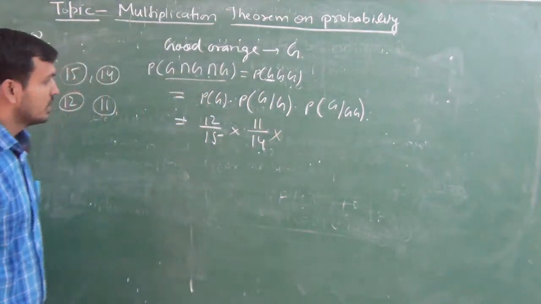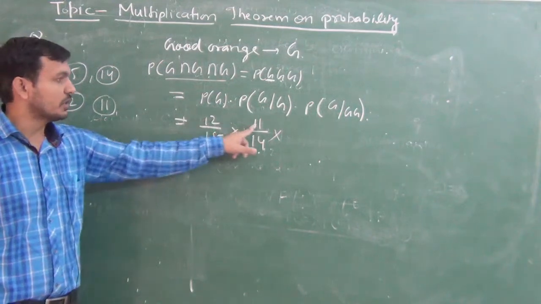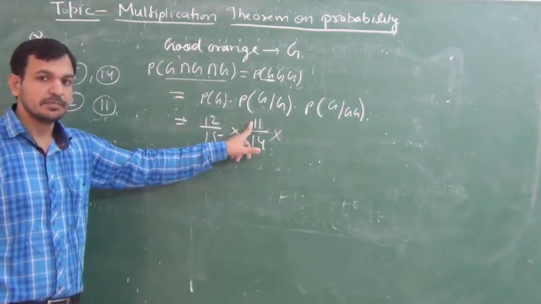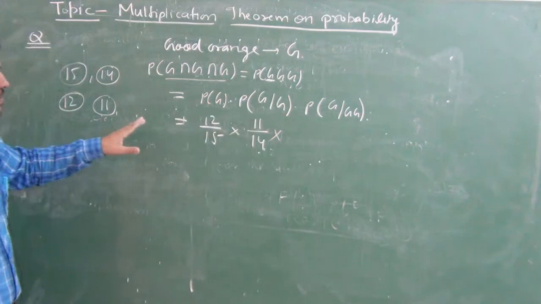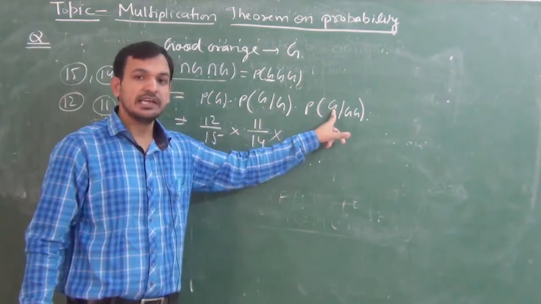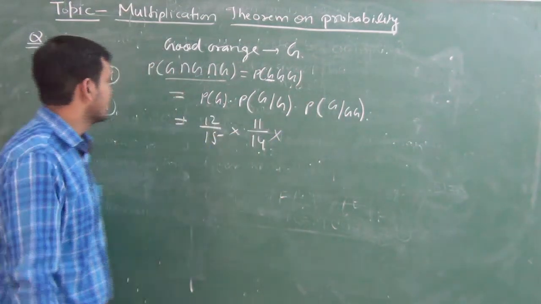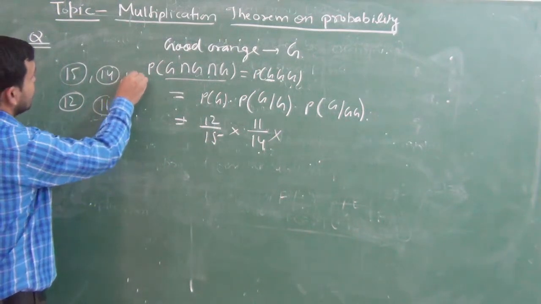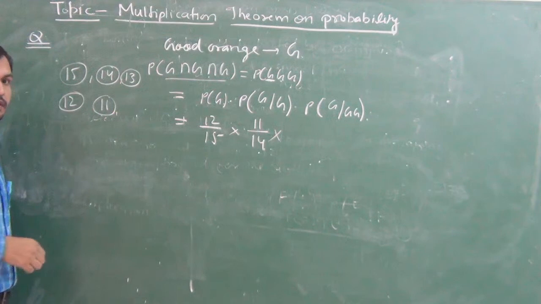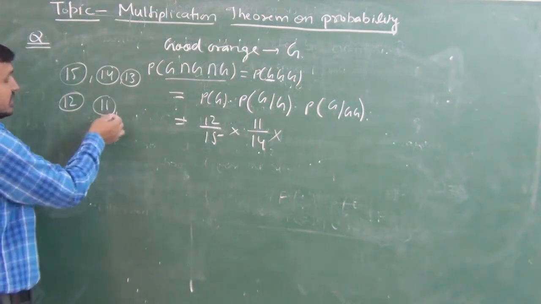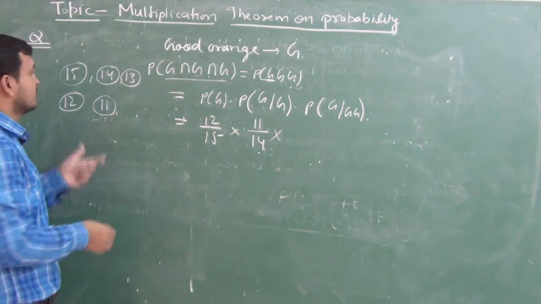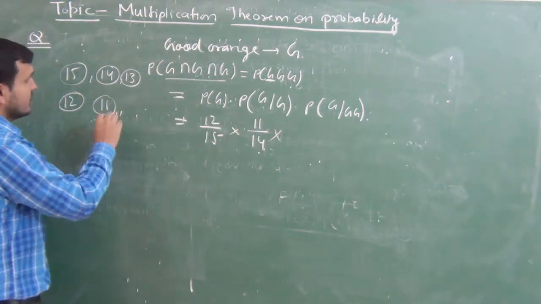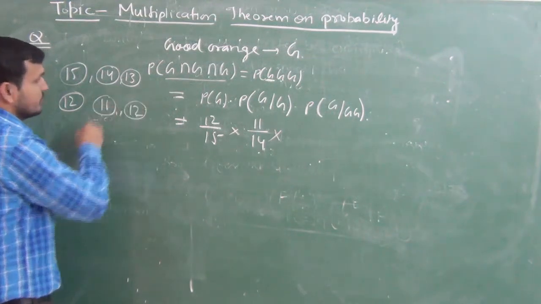Now if the first 2 oranges are good oranges, then the probability of getting the third orange as good orange is given by, now after taking out 2 oranges, we have only 13 oranges in the box, and since we have taken out 2 good oranges, the number of good oranges in the box is 10 only.